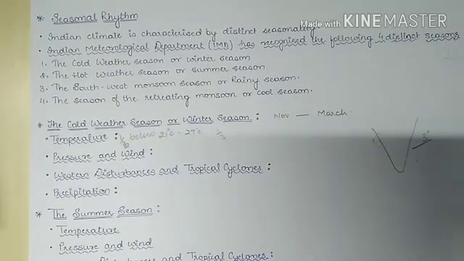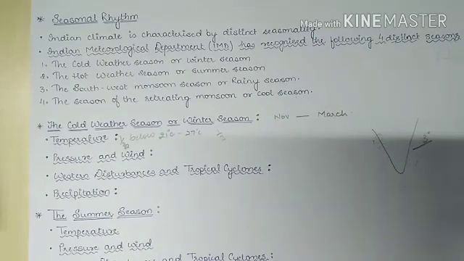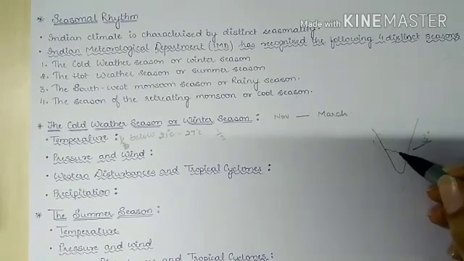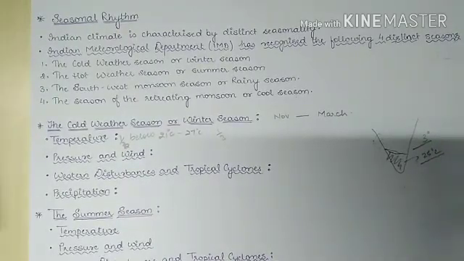The isotherm running east to west is 20 degrees Celsius near the Tropic of Cancer, and below that, the southernmost tip has an average temperature of 25 degrees Celsius.